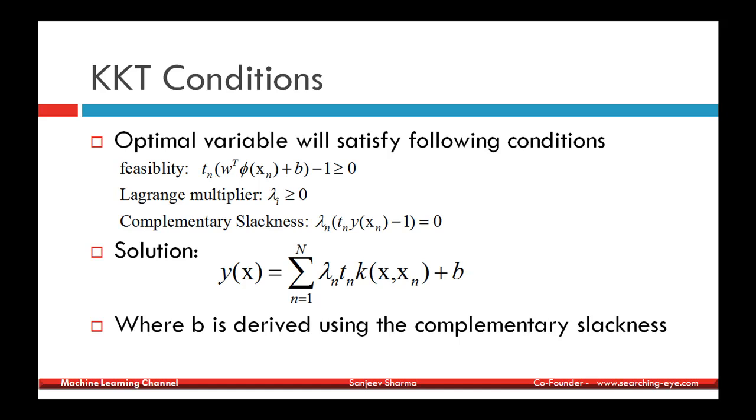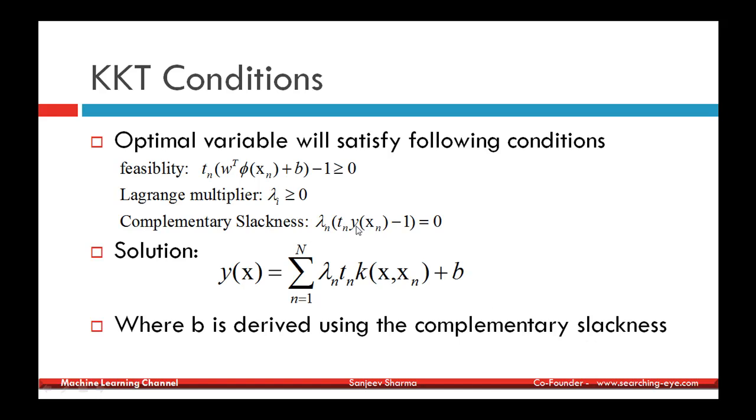SVM uses only support vectors to make the decision, and therefore it is known as a sparse classifier, where b can be derived using the complementary slackness condition.